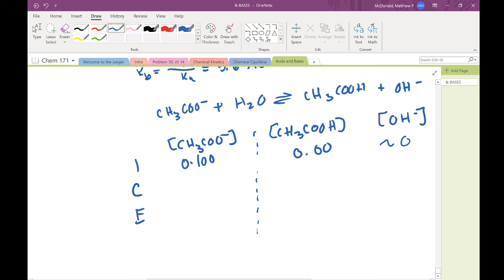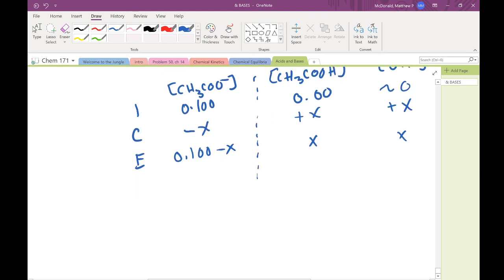We're going to represent the increase in OH minus as X, so that means that we have negative X from the acetate, plus X for the acetic acid, and plus X for the OH minus. Now, at equilibrium, this gives us 0.100 minus X for the acetate, X for the acetic acid, and X for the OH minus.